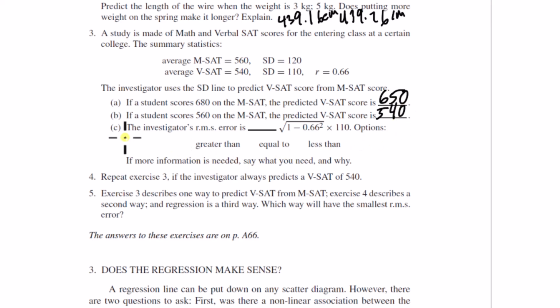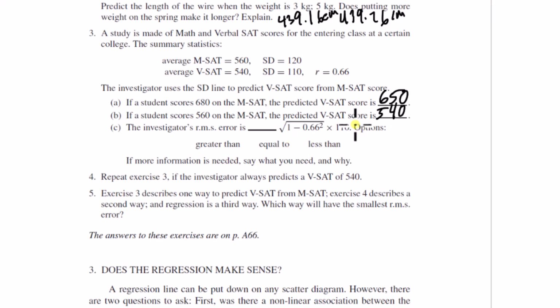Okay, the investigator's RMS error is greater than, equal to, or less than this. Well, we know that this is the RMS error for the regression line itself, right? Because R is 0.66. This is the RMS error for the actual regression line.